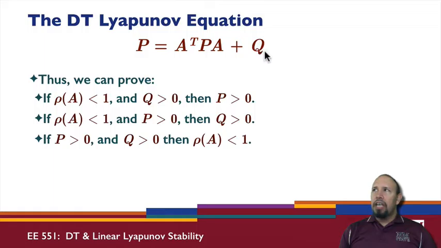We're going to come back later, and we're going to modify Q. We're going to choose a particular Q that is associated with either the input or the output of our system, and we're going to look at stability related to other properties like controllability and observability. And so it's interesting how those kinds of things are going to pop out of the Lyapunov equation. But this is the linear time invariant discrete time Lyapunov stability.